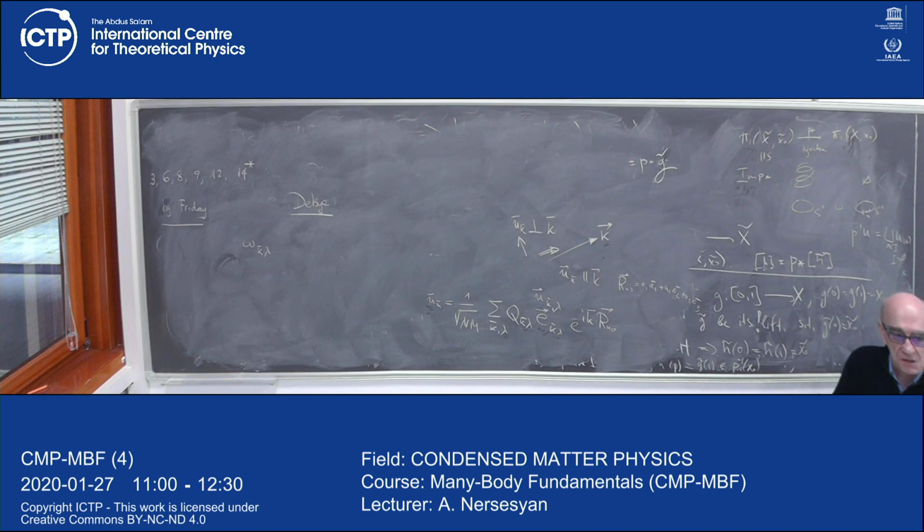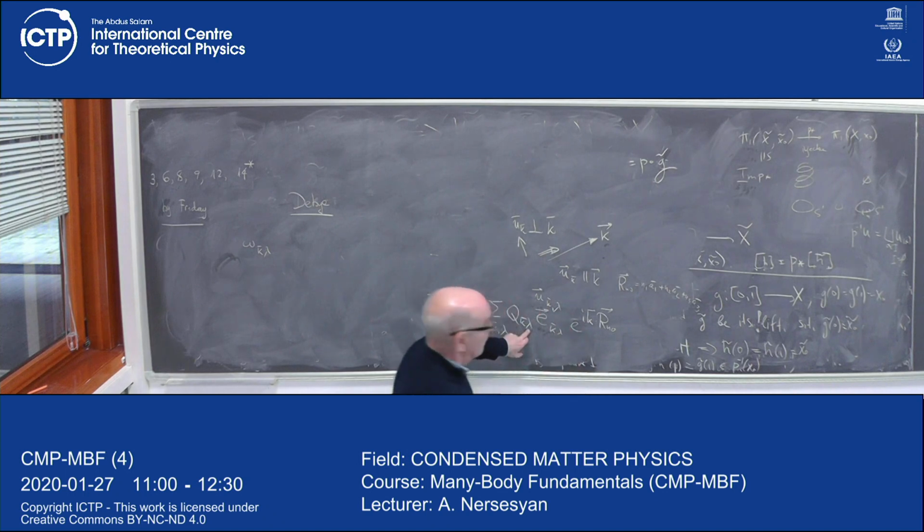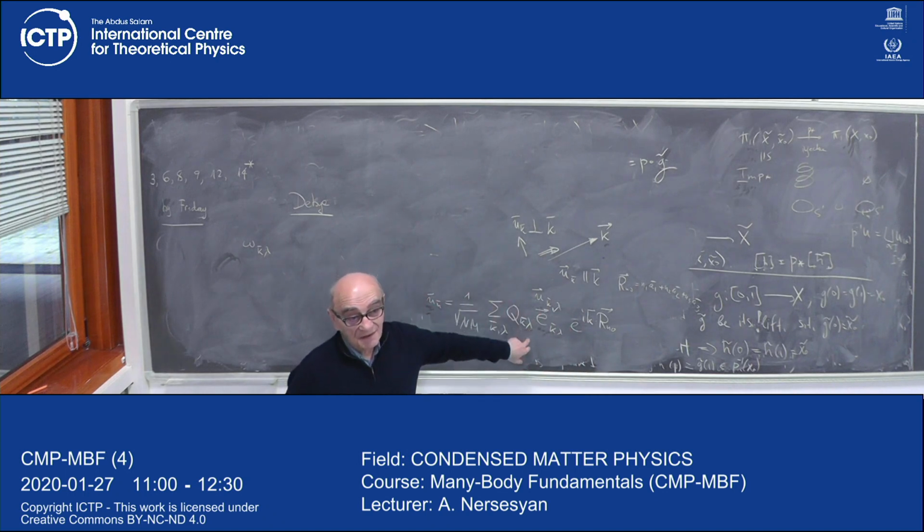First of all, I want to tell you one thing. How many acoustic modes? You already know it, because you have already had your course on phonons and electrons with Nadia Bingheli, I believe, right? You did. Okay. In the three-dimensional case, you have to have three acoustic modes, three, just because of this lambda, three values of the polarization.